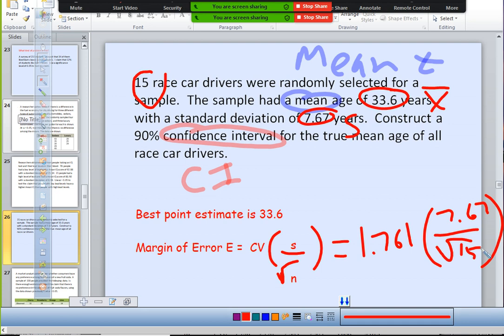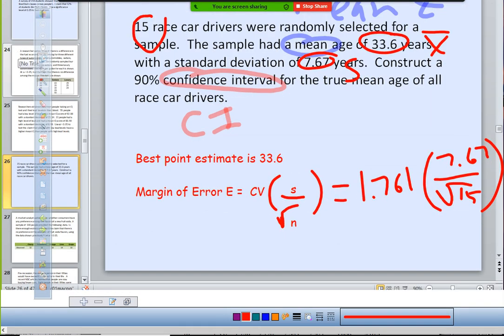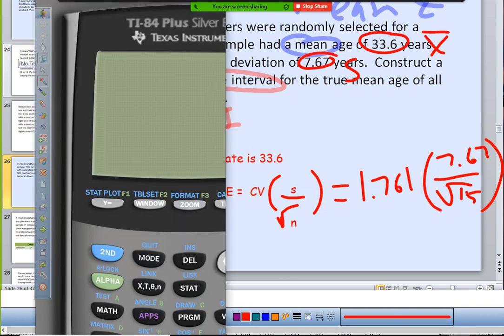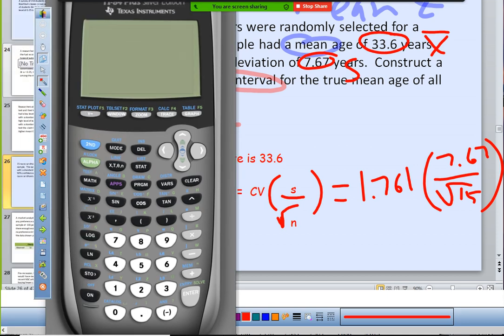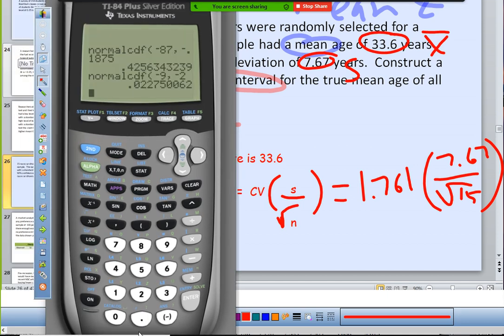And then, I guess it won't take too long to find it. All right, so let's go ahead. We'll bust out the calculator. Let me find square root of 15 first.